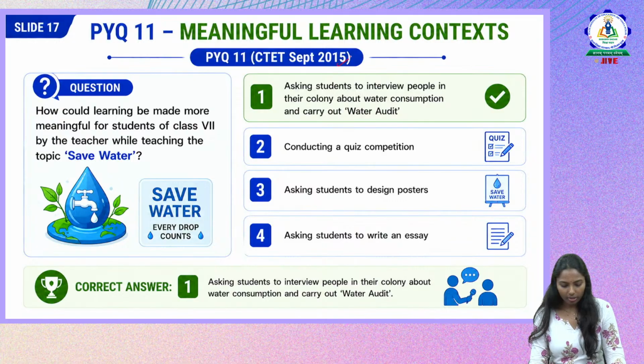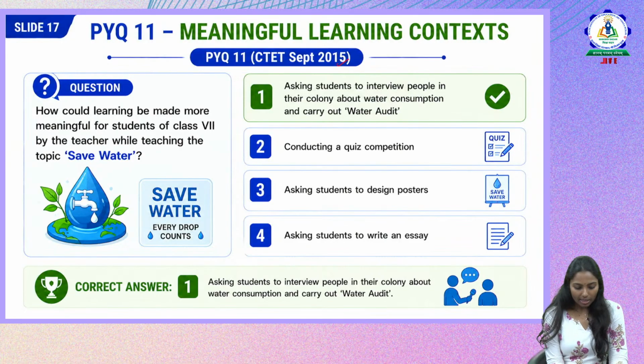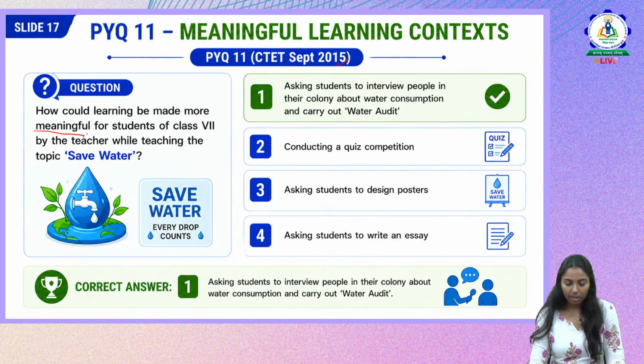This is from 2015. The question is, how could learning be made more meaningful for students of class 7 by the teacher while teaching the topic save water? So it is about asking how we can make the learning more meaningful. We have 4 options here.